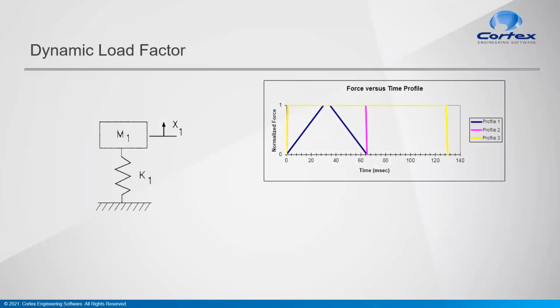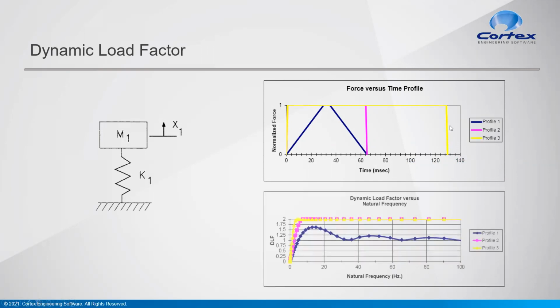The third thing is the dynamic load factor. Now, the dynamic load factor that we calculated in the first few slides was based on a force that was applied and stayed applied for a long, long time. If we reduce the amount of time that the force is applied, the dynamic load factor will change, and it will depend on the natural frequency of the oscillator, the independent vibration mode that we're talking about.